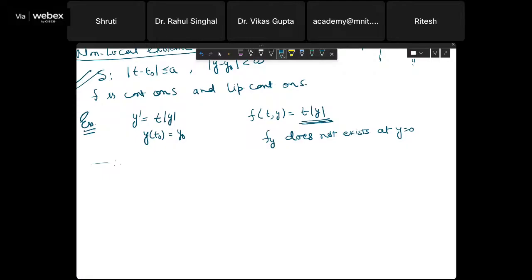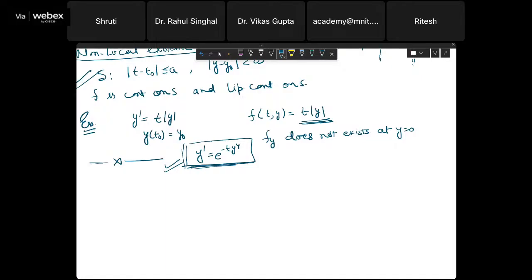With this, now let me move to the numerical methods. One thing you may also note: if you have this kind of problem, can you solve it analytically? So far, whatever examples I took, all problems were solvable with standard methods, and we got closed-form or analytic solutions. But suppose we have a problem such as y dash equals e to the power minus t times y to the power 4. It is a non-linear equation, and with the standard methods it is not solvable.